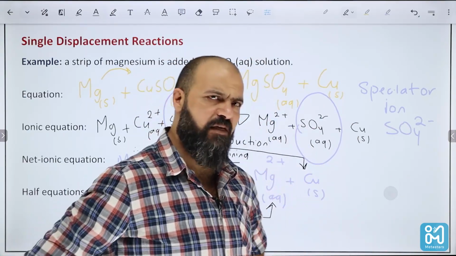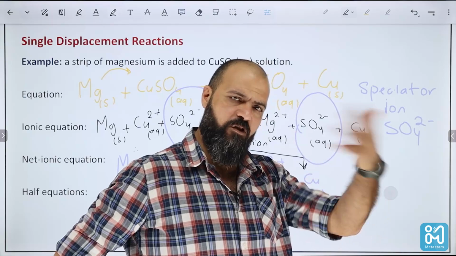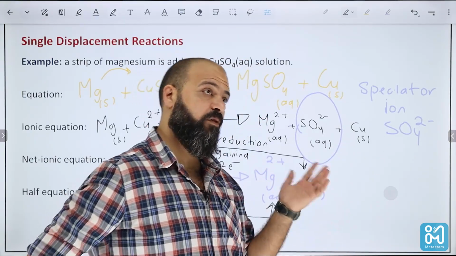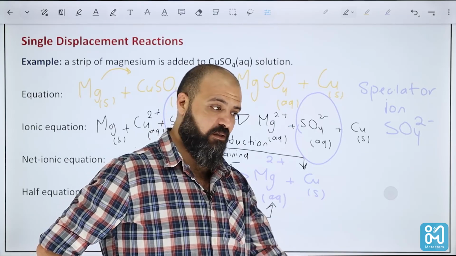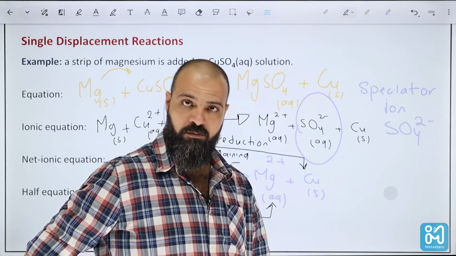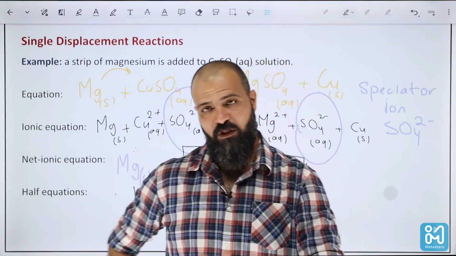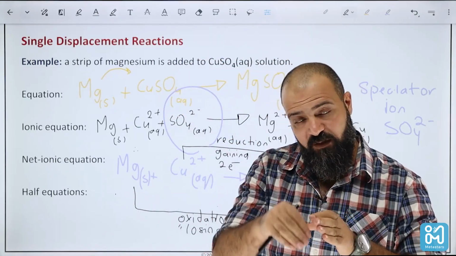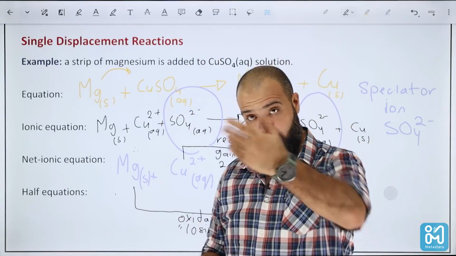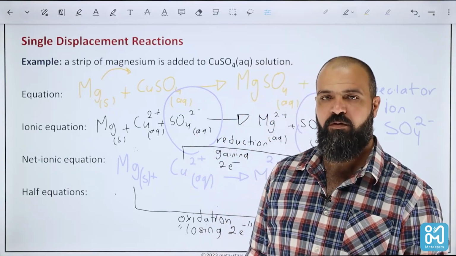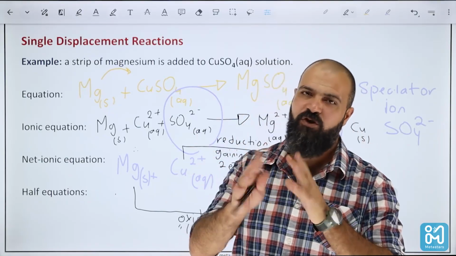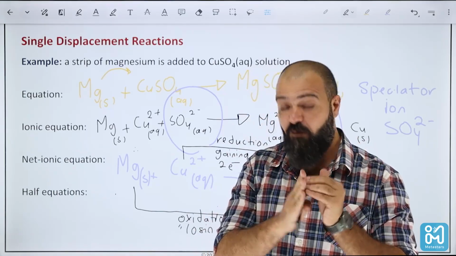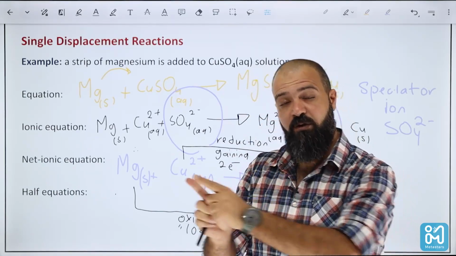Can we say if the charge of the substance increases, this is oxidation, and when the charge of the substance decreases, this is reduction? But let me tell you a professional term. Not always the charge. If the oxidation number of the element increases, this is oxidation.